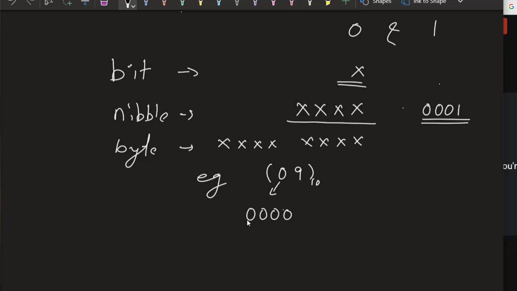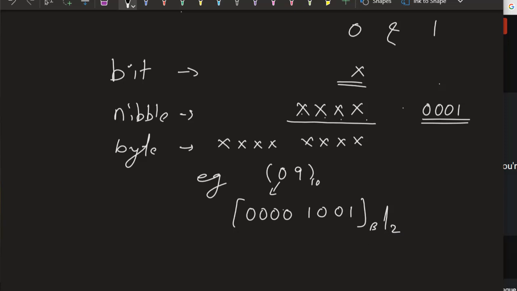Can you see 0 0 0 0, and 9 can be represented by 1 0 0 1. This is the form of 9. So this is 1 byte. This is a binary representation, that is base 2.